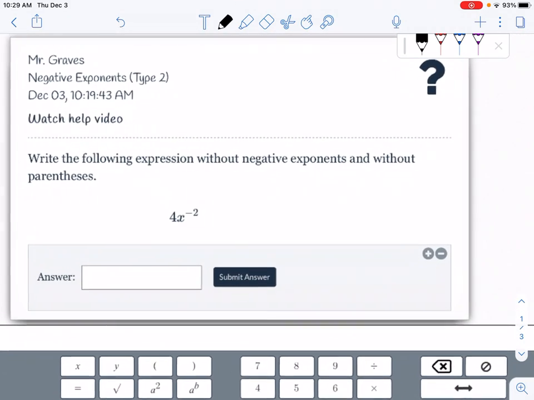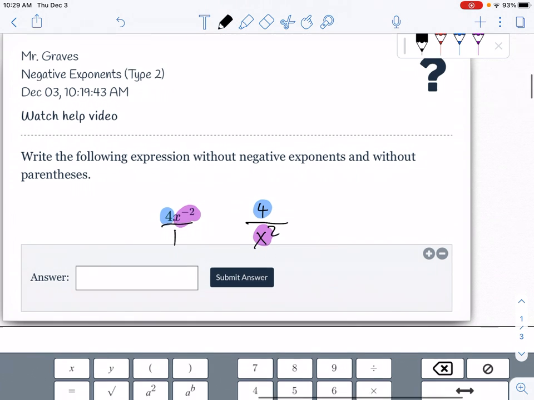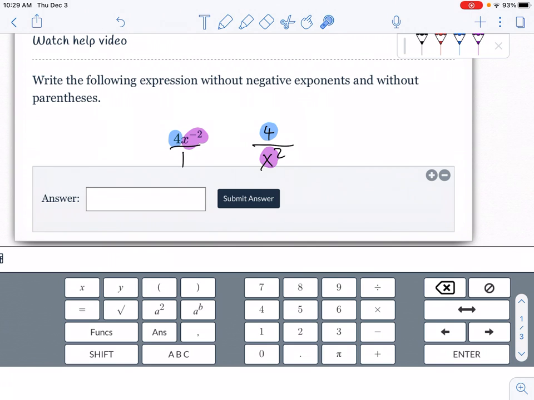All right, and then finally this one, again, we have 4 that does not need to move. He's happy where he's at. But x to the negative second is unhappy where it's at, so it needs to move downstairs to become positive. And again, here's the order we would hit our numbers to punch them in. We have 4, so I would hit 4 over, so I'm going to say divided by x, and then to the second power.